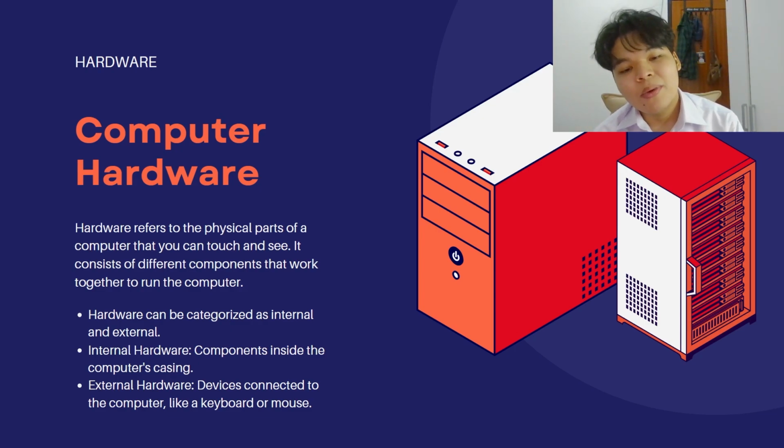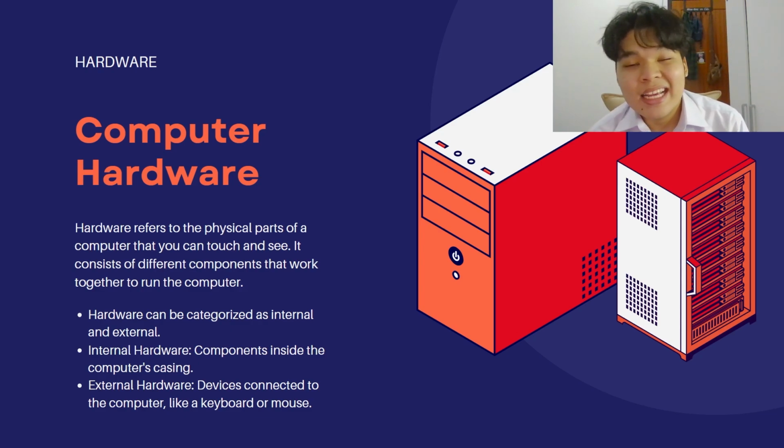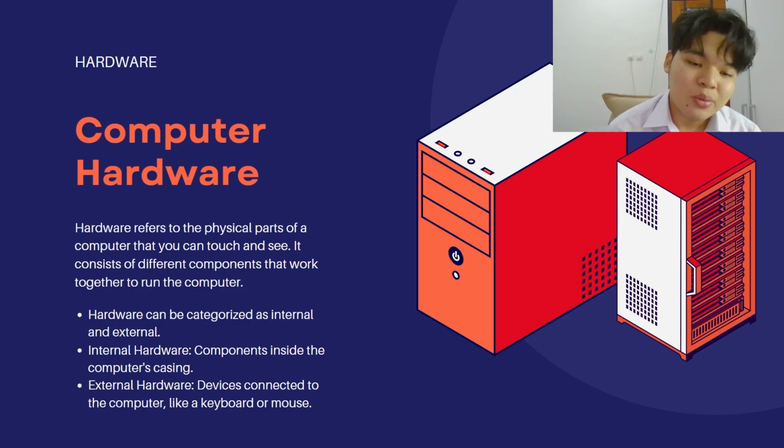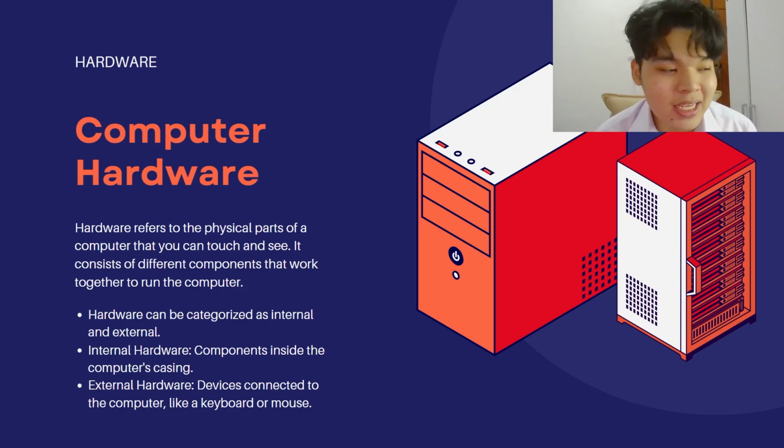Internal hardware is components inside the computer casing. Let me explain in the next slide, okay? External hardware is devices connected to the computer like a keyboard or mouse. That's what I was saying in the slide before, guys. Mouse or keyboard is the external hardware for your computer.